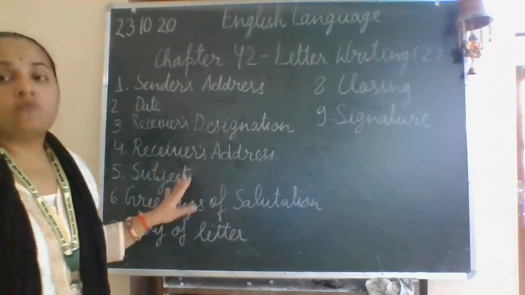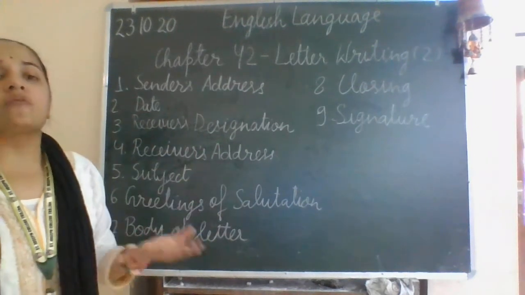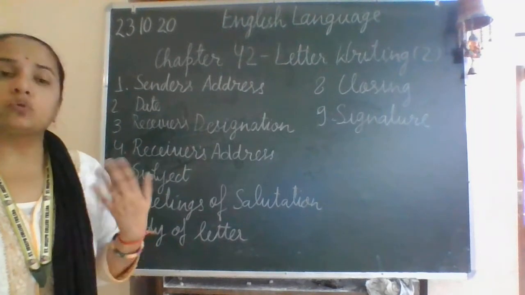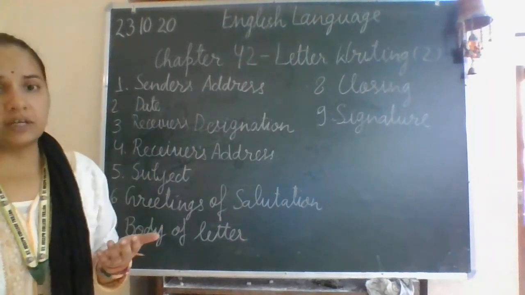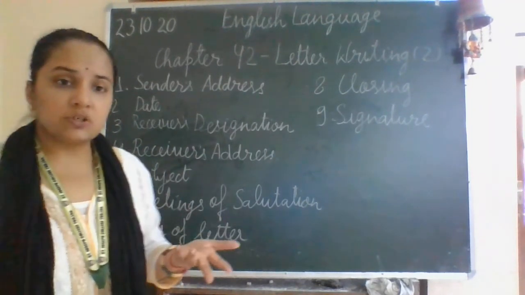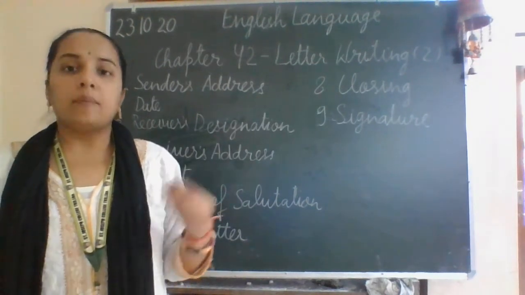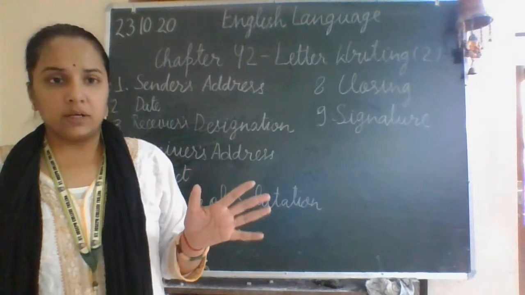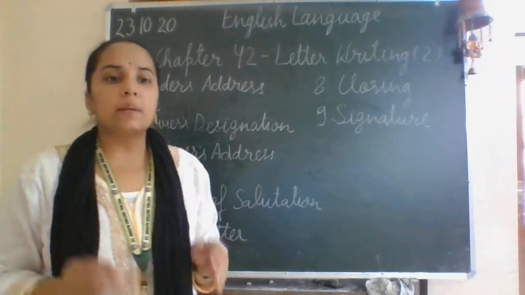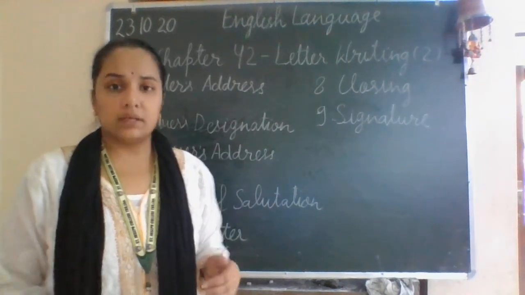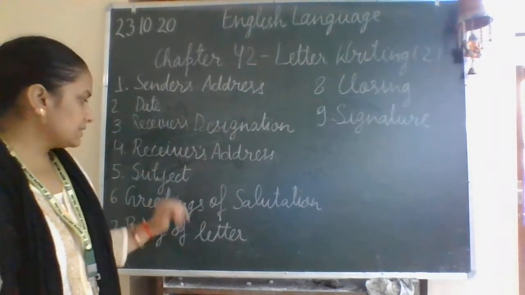Then the subject, what is the purpose of writing the letter? If you want to take a leave, a half day leave, a fee concession, or if it is an apology letter, whatever the purpose of writing the letter is, that you will write here in the subject.